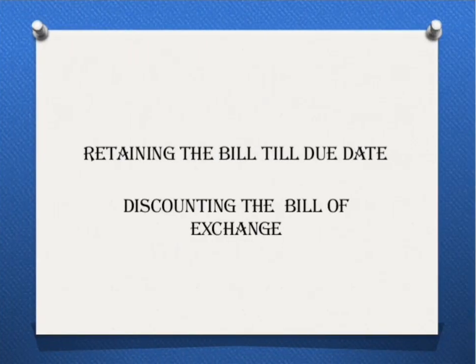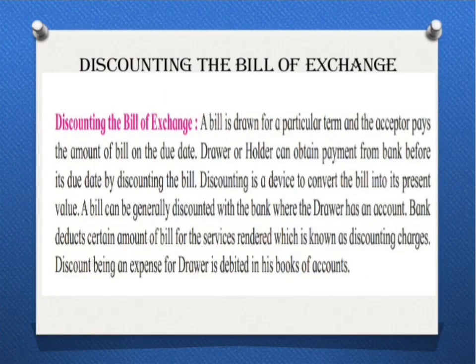Already I have discussed retaining the bill till due date, and today I am going to explain discounting the bill of exchange. Discounting means what? A bill is drawn for a particular term and the acceptor pays the amount of the bill on the due date. The drawer can obtain payment from the bank before its due date by discounting the same bill.